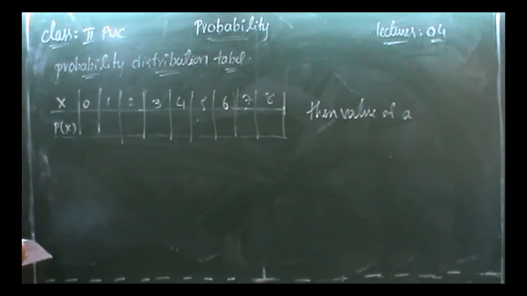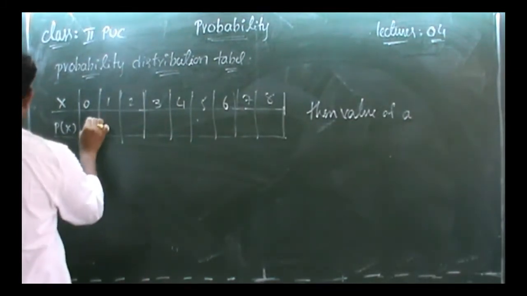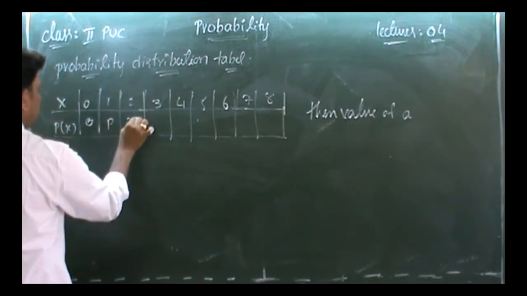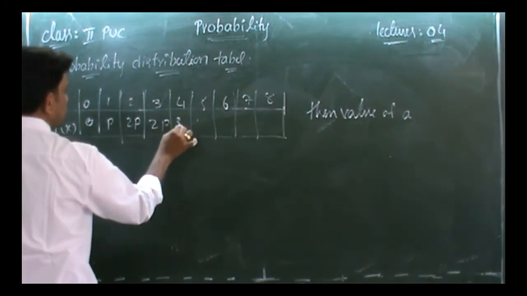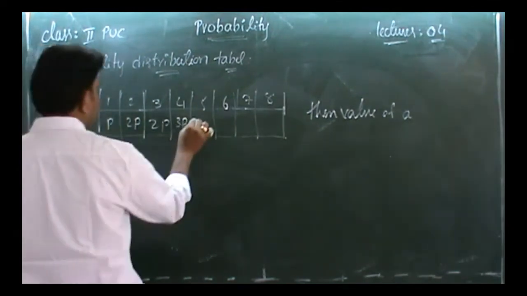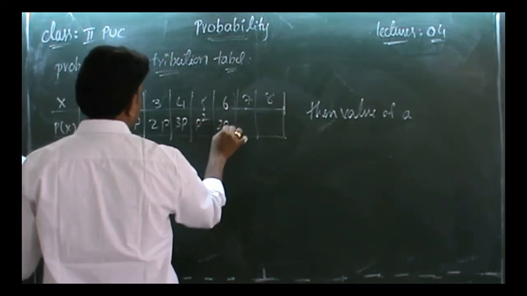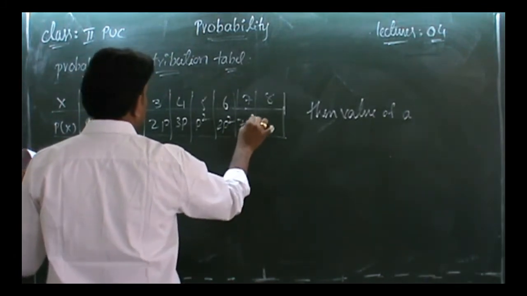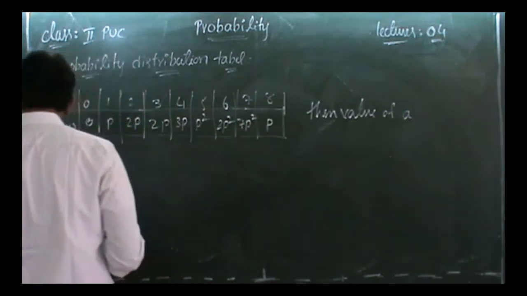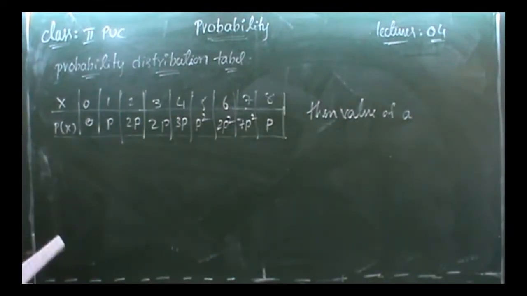The P of x values are 0, P, 2P, again 2P, 3P, next P square, next 2P square, next 7P square, and the last one is P. Then he is asking to find the value of P.